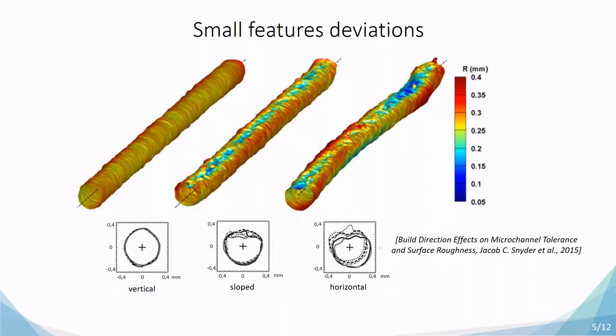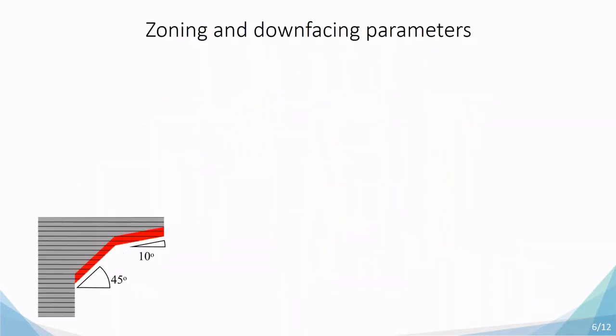So it's important to assess this distortion phenomenon, and the most common way to do so is zoning and developing of downfacing parameters. What is zoning? In a sample geometry, we have the area above the powder bed.